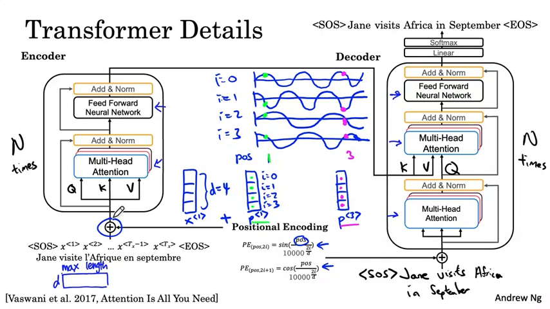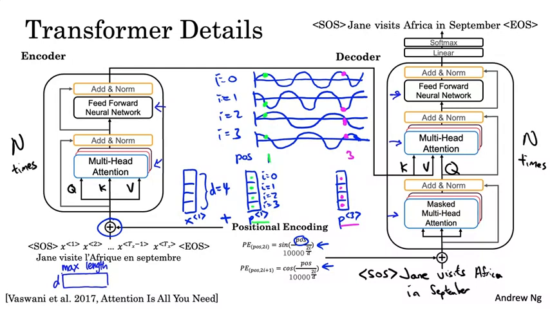In case you read the literature on the transformer network, you may also hear something called the masked multi-head attention, which I'm going to draw in over here. Masked multi-head attention is important only during the training process, where you're using a dataset of correct French to English translations to train your transformer.